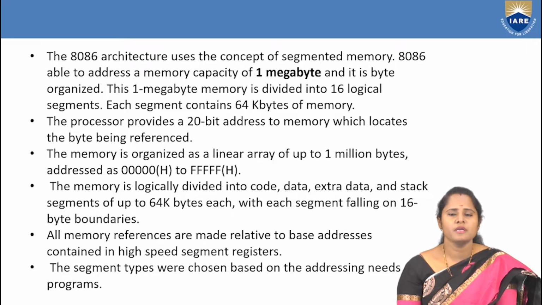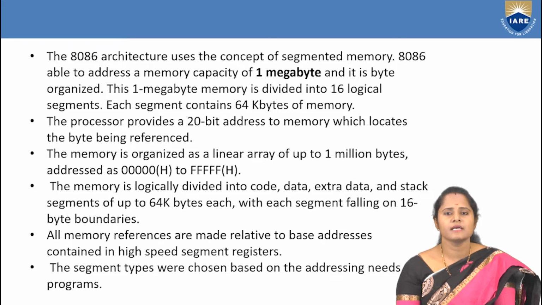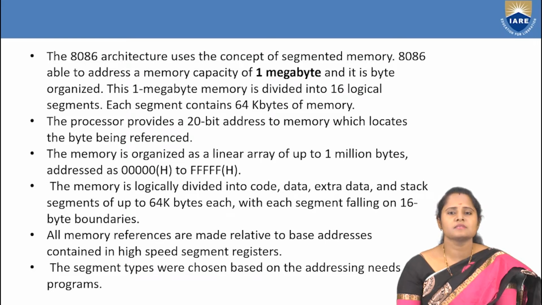As 8086 has 20 address lines, the segmented memory is indicated by a 20-bit address, and we access the 1 MB memory via an address of 20 bits.